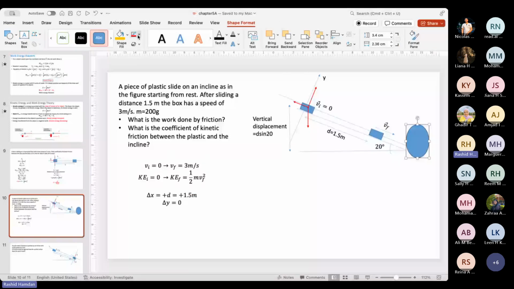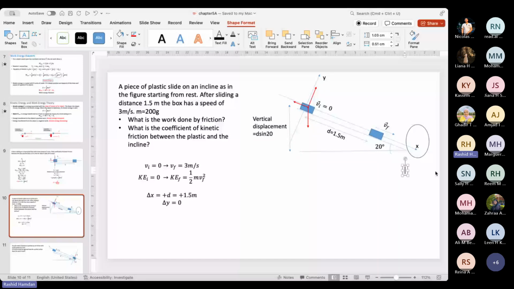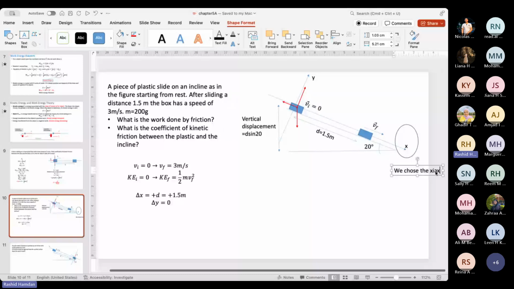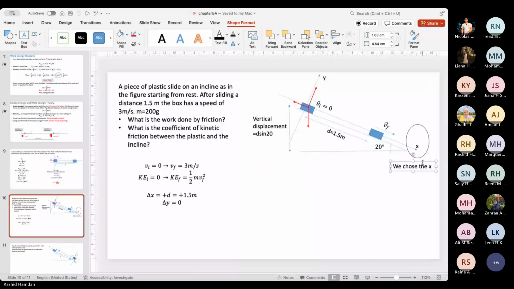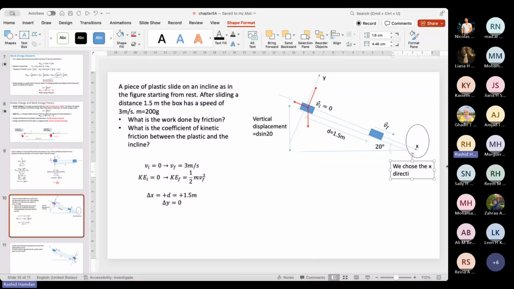So let's write here as a note. We chose the x-axis, or x direction if you want, down the incline in the direction of motion.